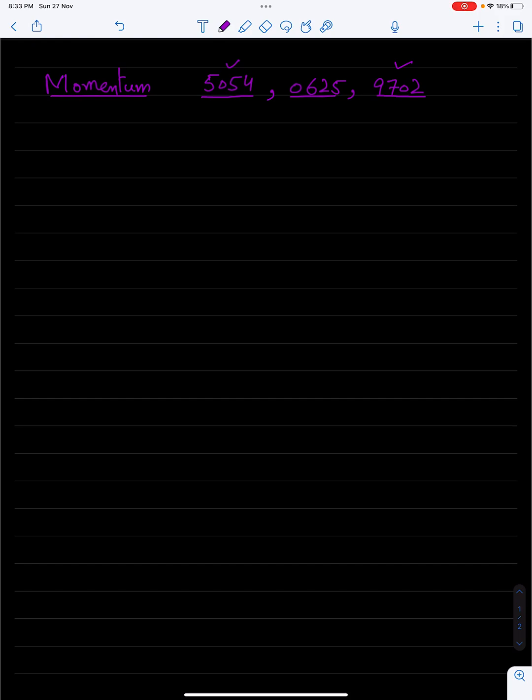Momentum. The definition is: momentum is basically the quantity of motion due to mass and velocity.